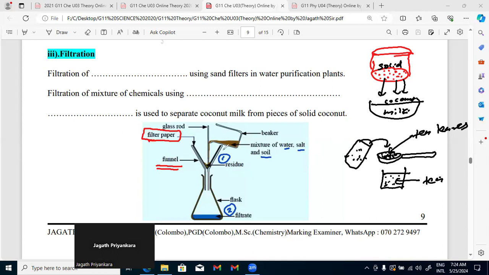Soil, water, and salt. So what will be the residue here? The residue will be soil. Soil or sand will not pass through the filter paper. The residue is the component left on the filter paper. And the filtrate contains what? The filtrate will be salt solution.